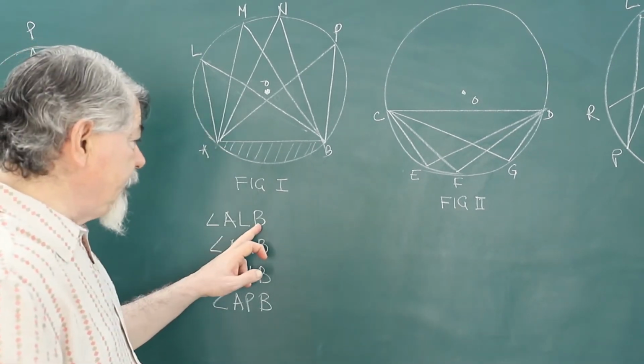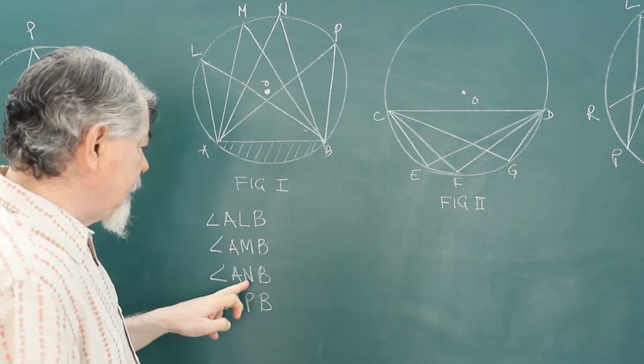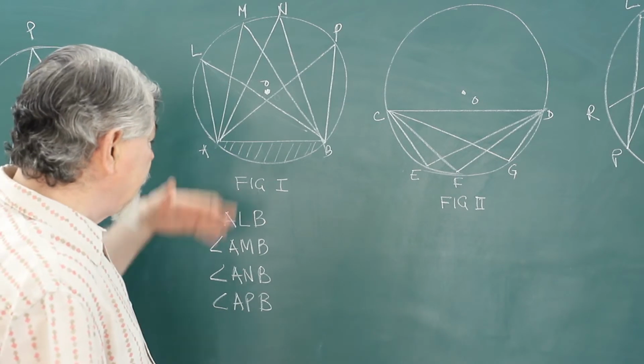You can notice everywhere the base AB is there, and the vertex is somewhere, L, M, N, P. There can be many more.